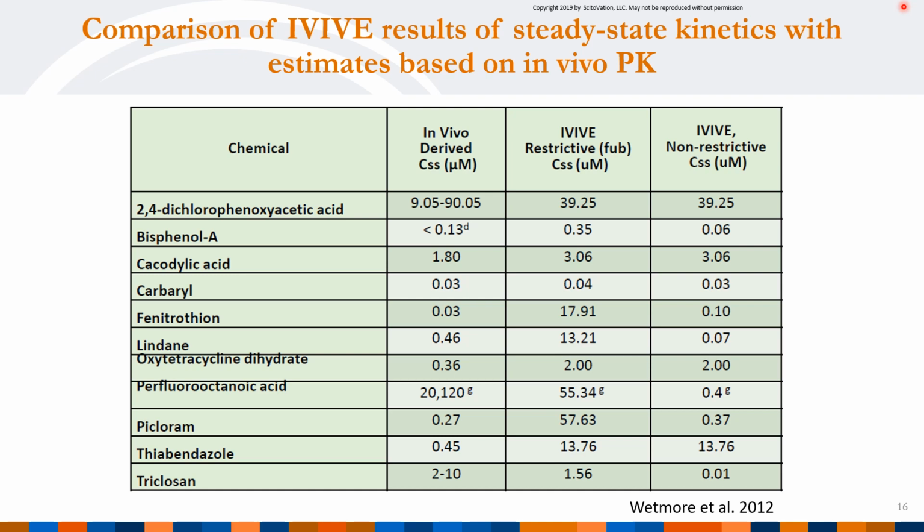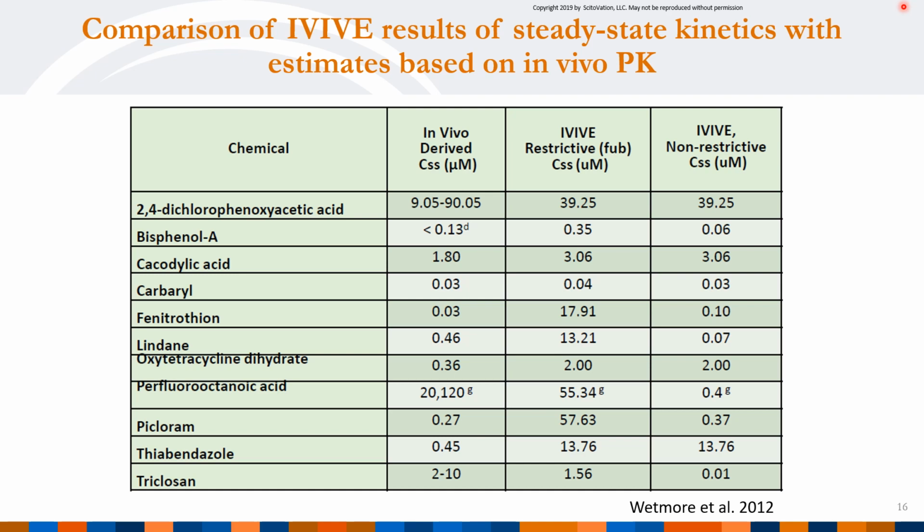So the assumptions made in this IVIVE modeling bias the results toward concentration at steady state over-prediction, because our assumptions are that clearance is limited to hepatic clearance and non-metabolic renal clearance, and also 100% absorption is assumed.